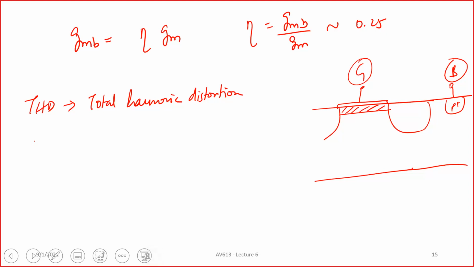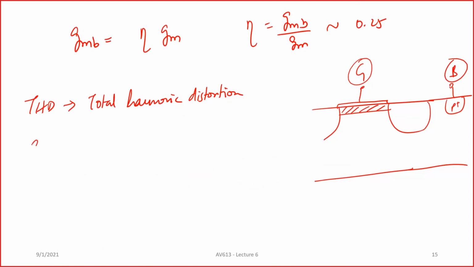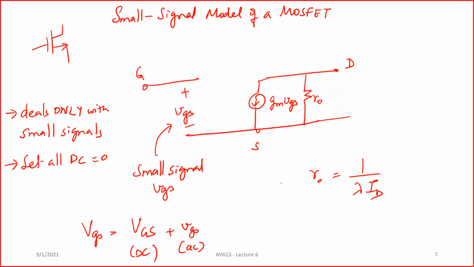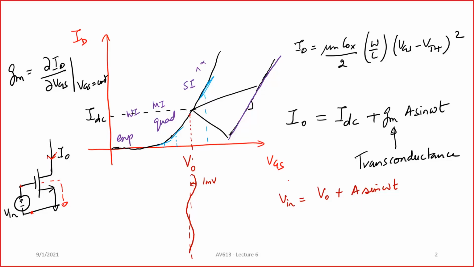Anyway, I will talk about nonlinearity later. But if you look at this gm, the slope is dou ID by dou VGS, right? Although this is the first order component, if you look at a little larger signal response, for example, this first curve that I had drawn, you can express this as a polynomial function.